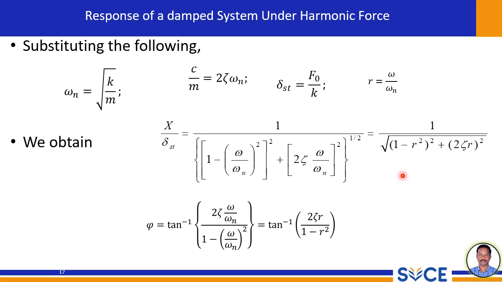These simplified expressions for the magnification factor and phase angle are commonly used in vibration analysis. They make it easier to analyze the effect of damping and the frequency ratio on the system response. We will use these expressions to further explore the behavior of damped systems in the next slides.